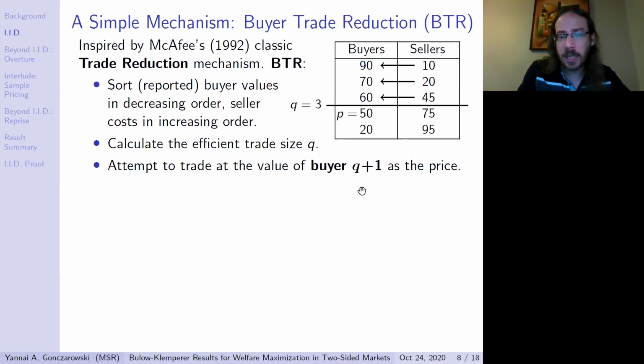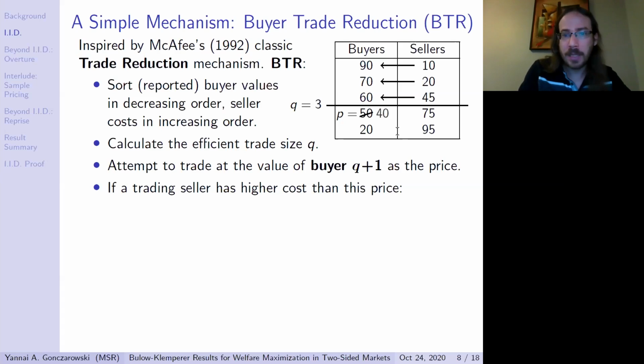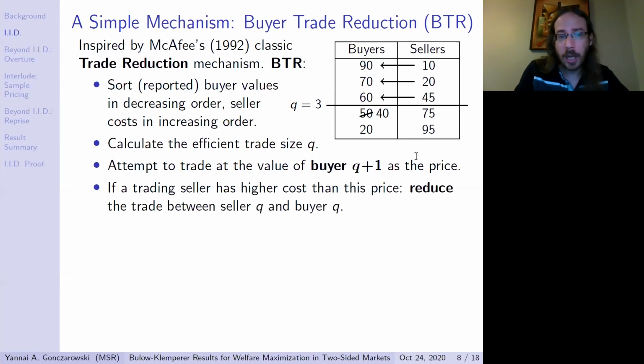But what happens if this is not the case? So for example, what happens if this losing buyer has a value of 40 rather than 50. In this case, if you try to trade at this price, this seller is going to say, sorry, 40 is too low for me. So if a trading seller has higher cost than this price, then you reduce the trade between seller Q and buyer Q. So you do not perform this trade.